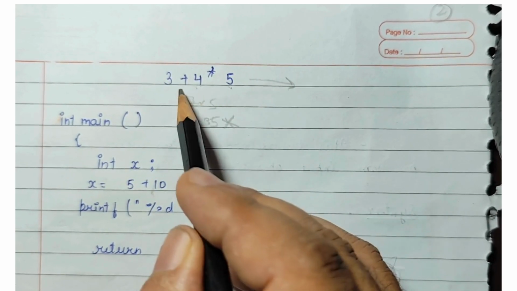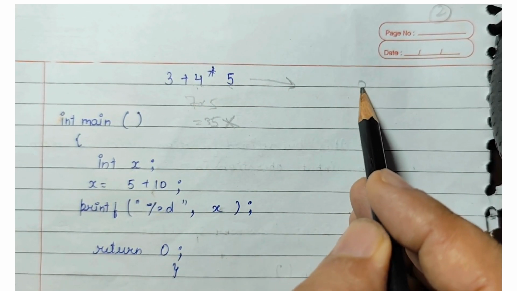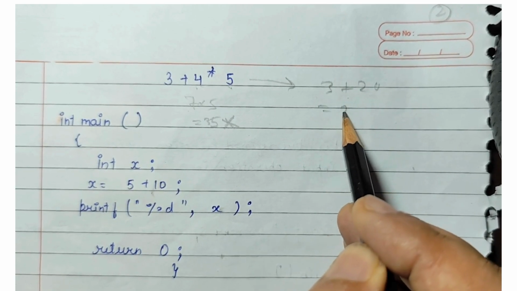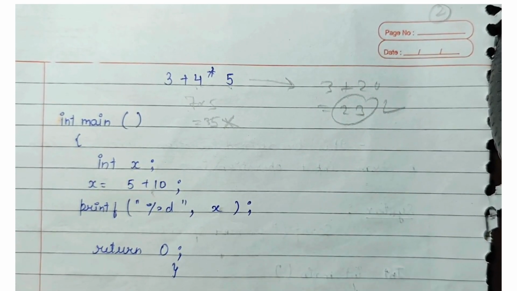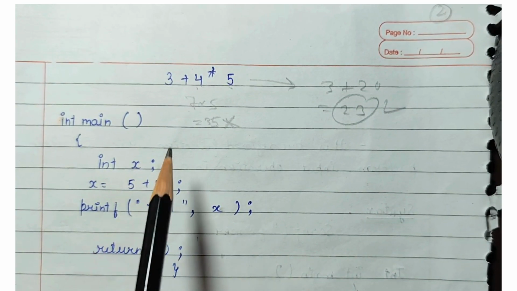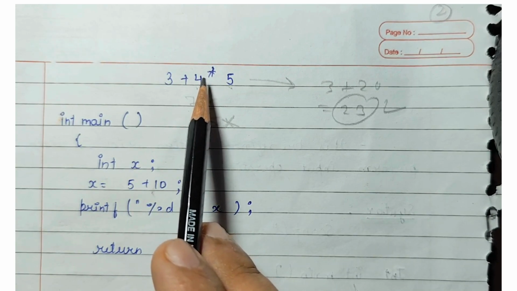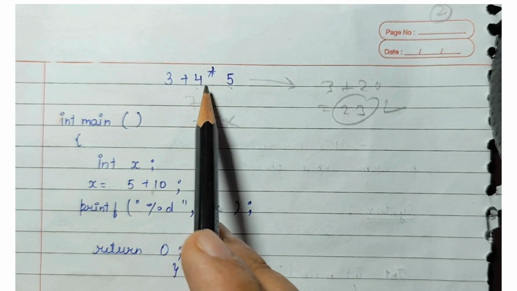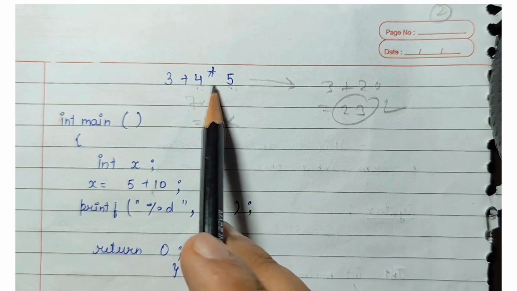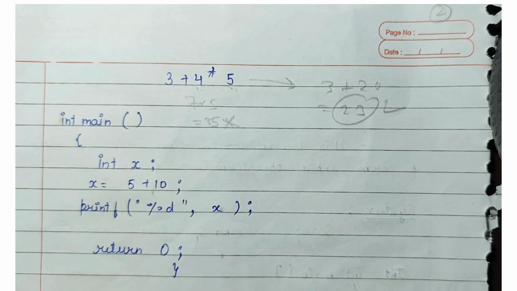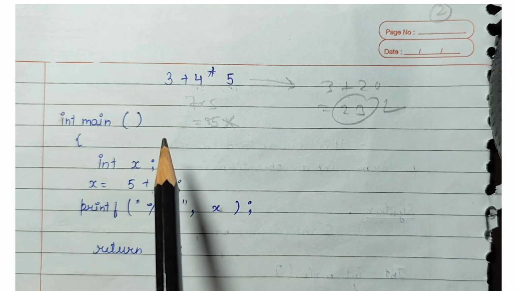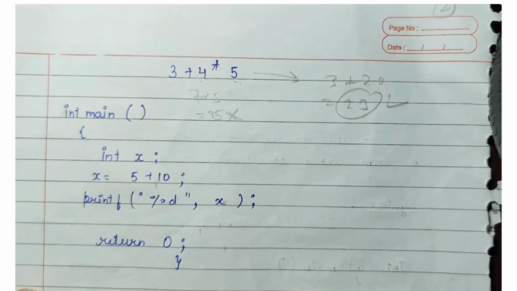The correct answer is 4 into 5, which is 20, plus 3, which is 23. In C and C++ languages, multiply has higher priority and plus has lower priority, so first we have to evaluate the multiplication. In further sessions we will discuss the different priorities of the operators.